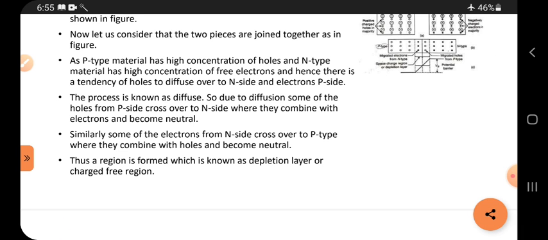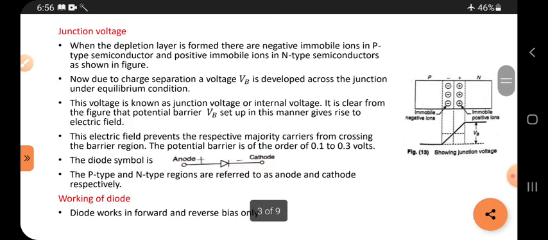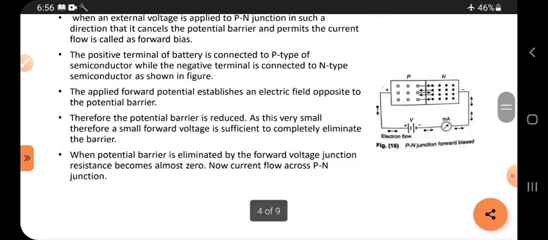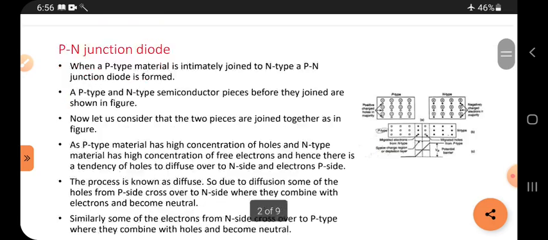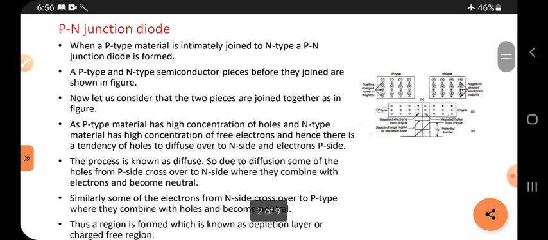So friends, don't forget, the important thing here is VI characteristics only, not working. Sometimes they ask for working: what is a PN junction diode, explain its working. So sometimes they may ask like this for a short question. For a long question, they must ask VI characteristics. So please keep this in mind while listening to or preparing for this class.